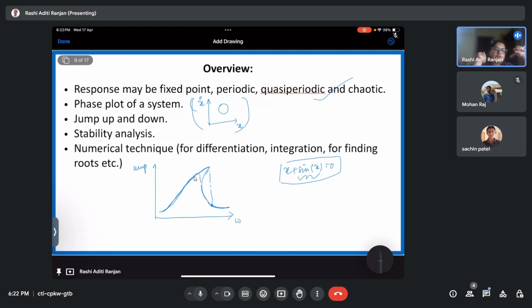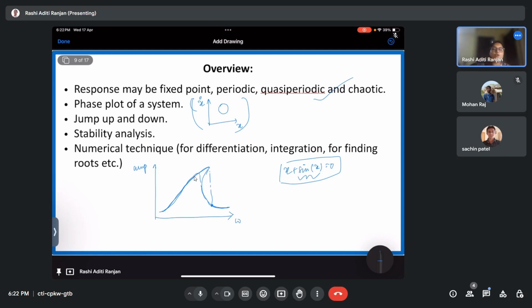Then you're going to have two phase plots. One is going to be x dot and x, and the other would be y dot and y. If you plot x versus y, then that will not be your phase plot. That is basically a plot that shows how both the variables are changing.